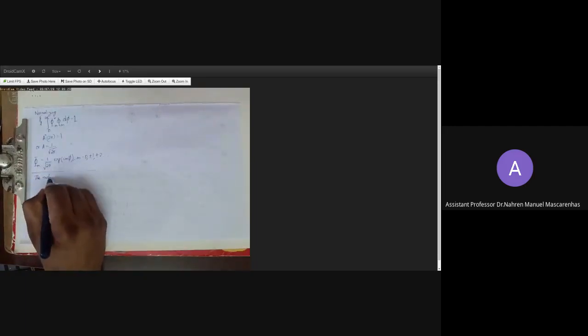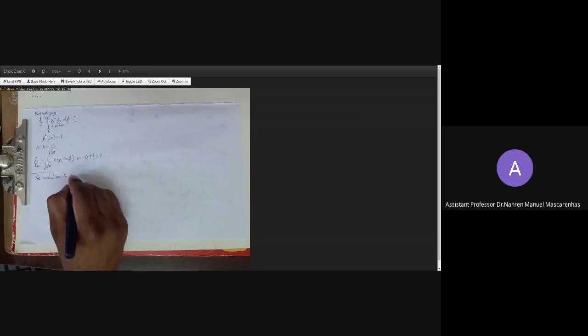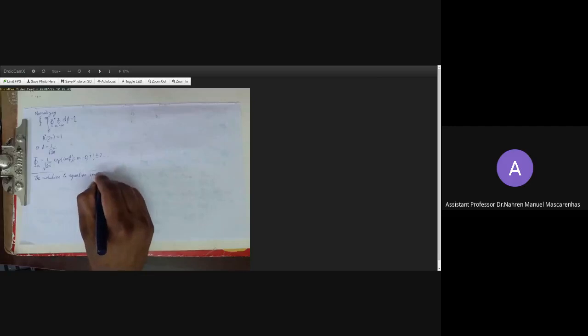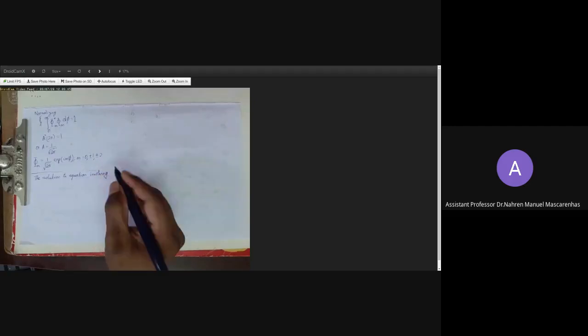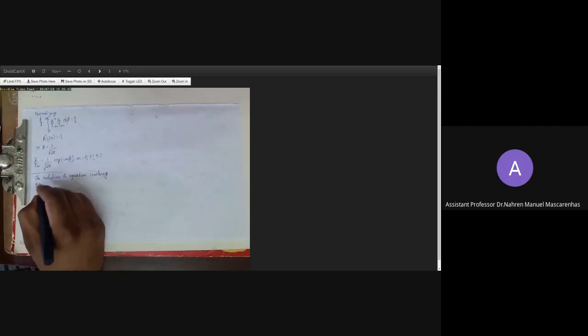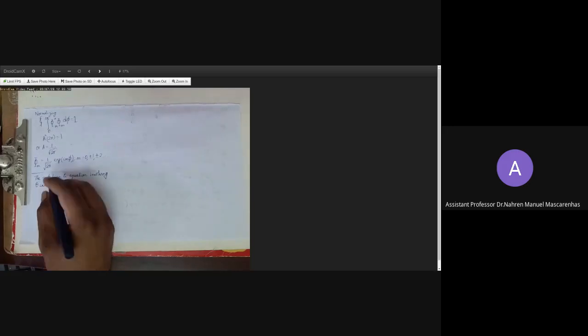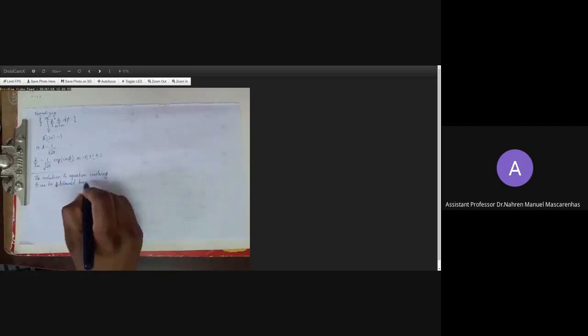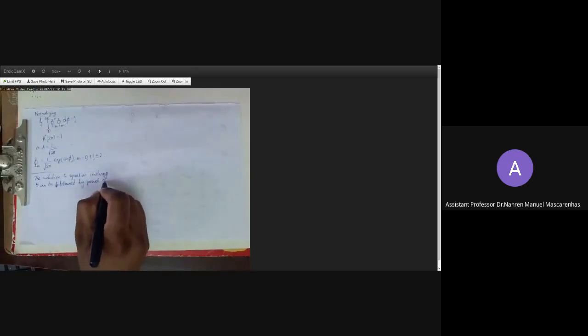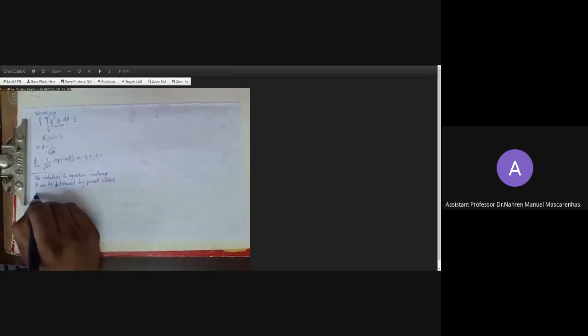the solution to the equation involving theta can be determined by the power series method.